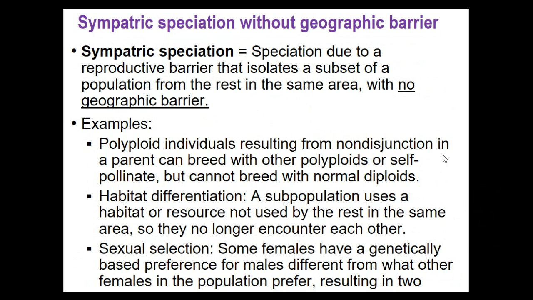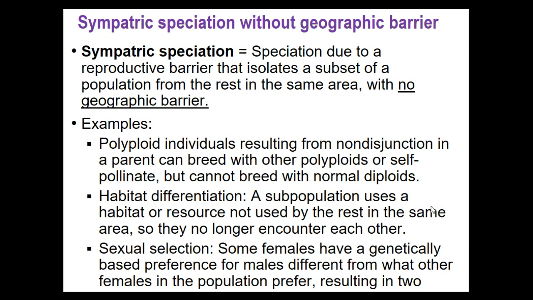So in this case, a population is not divided by a barrier. They're still all in the same place, but part of that population will become a different species compared to the other one, even though they still live in the same place.